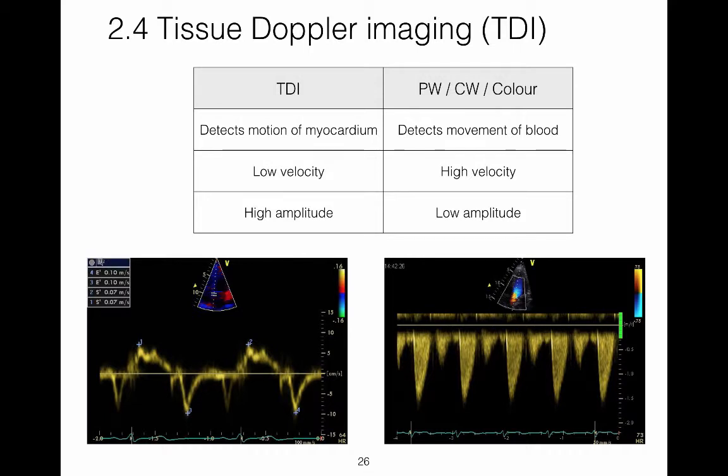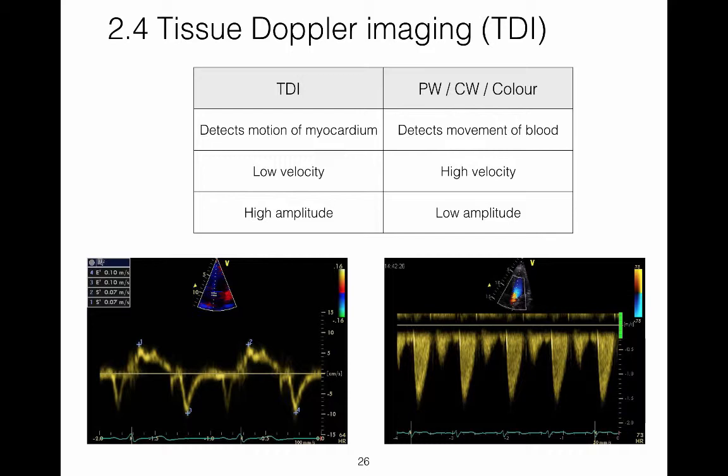Comparing tissue Doppler with the other Doppler methods, tissue Doppler detects the motion of the myocardium. The others detect movement of blood. Myocardial velocities are low. Blood flow velocities are high.